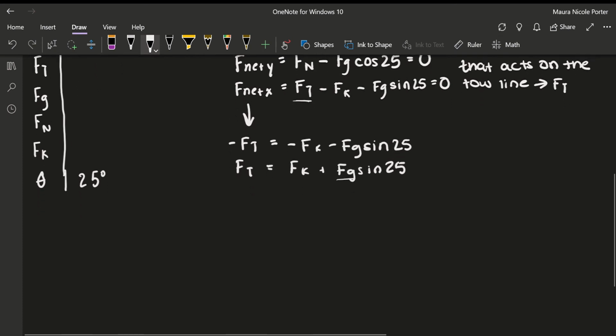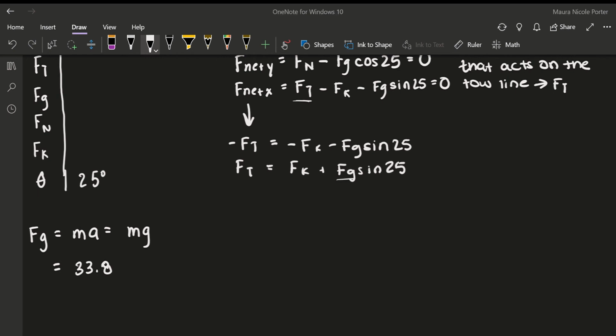I'll put that down over here. So our force of gravity is going to equal mass times acceleration, or in this case, mass times gravity, and that is 33.8 times 9.81, and that gives us a value of 331.578 newtons.